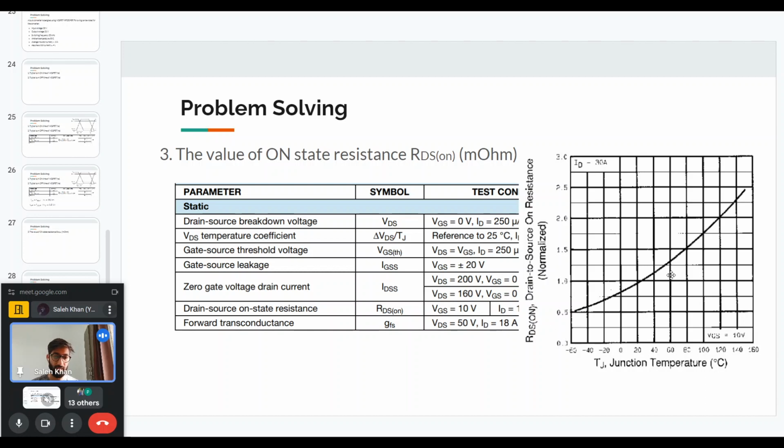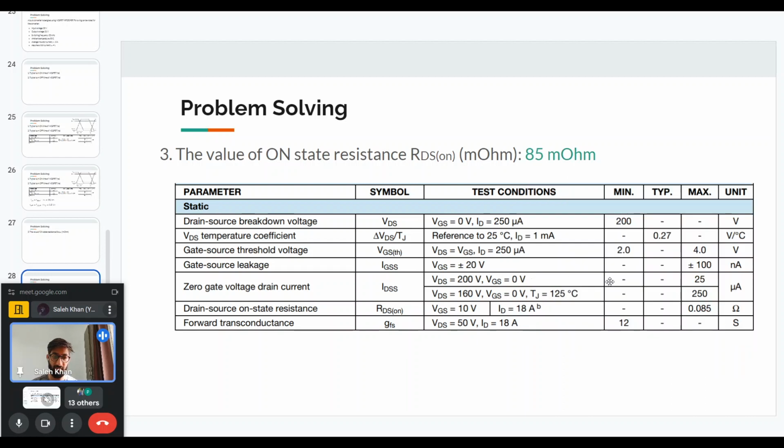So in practical cases, you have to consider temperature rise as well when you are trying to find the power loss. But here we'll just take the value given in the datasheet table. So the RDS on we can write as just 85 milliohm.